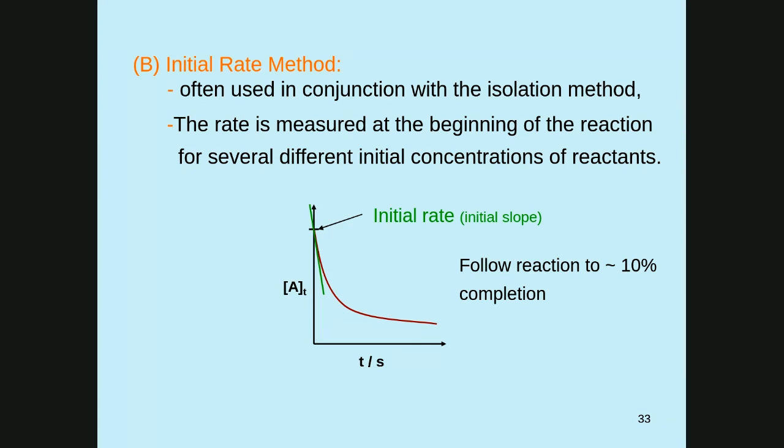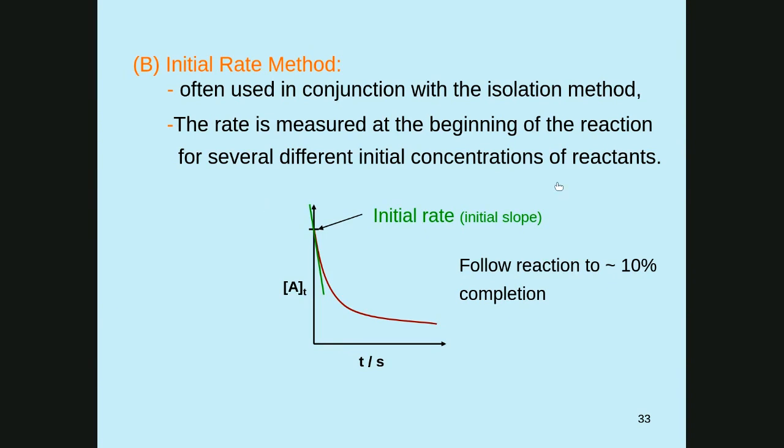All right, next method, second one, is called the initial rate method. In that method, again, you perform a series of repeat experiments where you systematically vary the concentration of one or the other reactant.